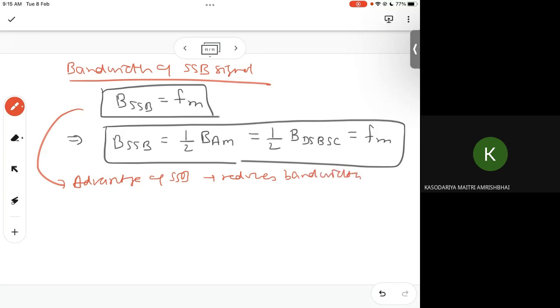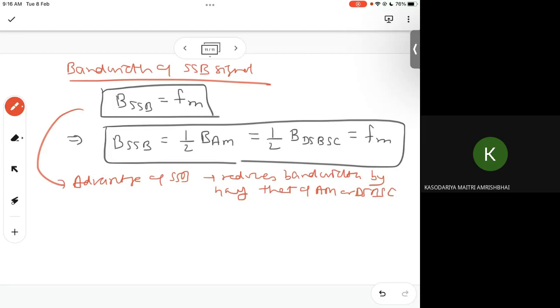And when the bandwidth is halved, more channels can be accommodated and all those things. So this is the bandwidth advantage of single sideband suppressed carrier, and it will have only one frequency.